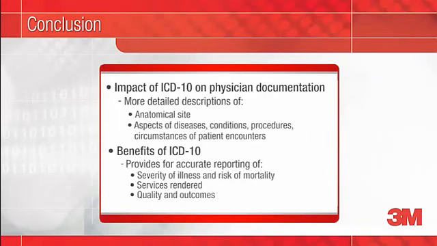This in turn will result in accurate public reporting on quality and outcomes. Should you have questions about documentation for a particular diagnosis or procedure, your hospital's clinical documentation improvement specialist should be your first stop. The coding staff in your Health Information Management Department is a valuable resource as well.